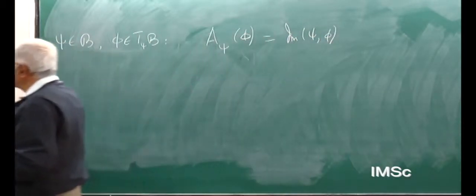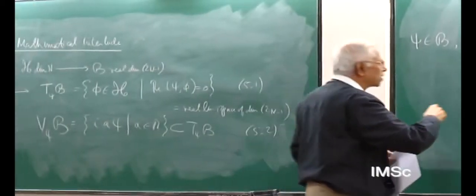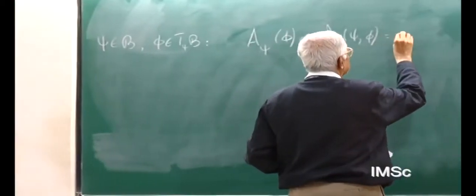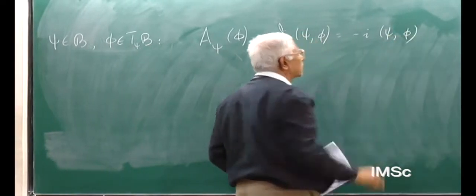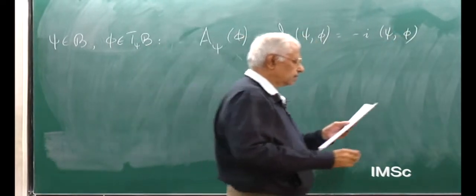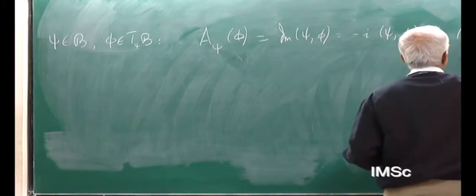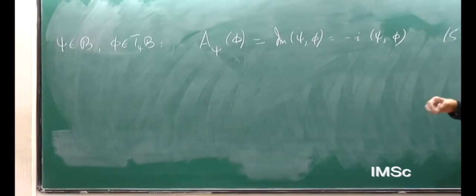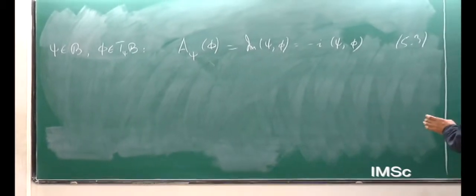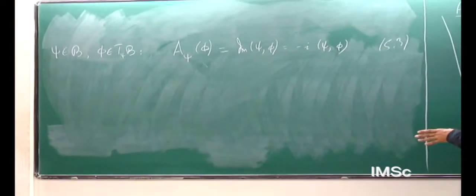Remember, the real part is 0 because phi is a tangent vector. Or it can also be written as minus i psi phi. So this is the point-by-point definition of the way in which this one form acts.